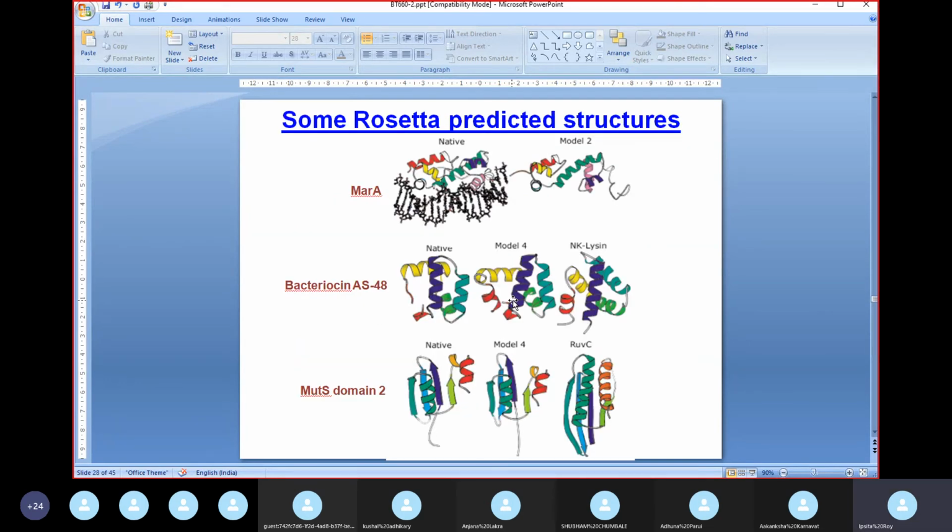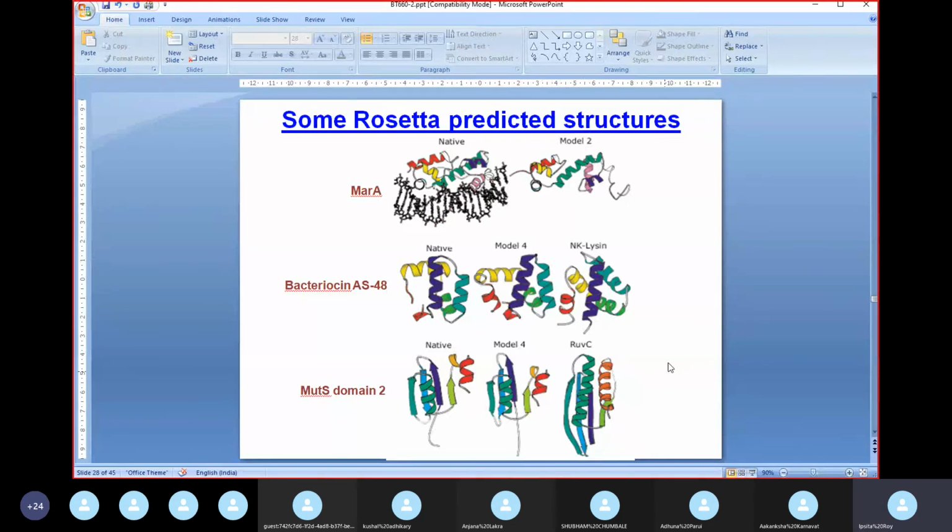Although it looks like a very long process, these are some of the predictions that Rosetta has come up with. The native structure is the structure which is known by structural tools, so this is the actual structure of the protein. Model is what Baker's group has proposed using Rosetta.